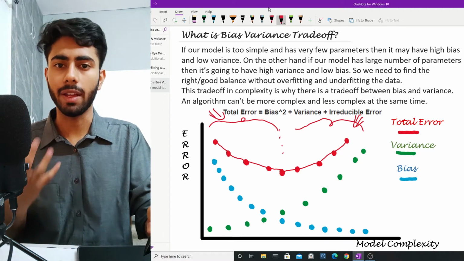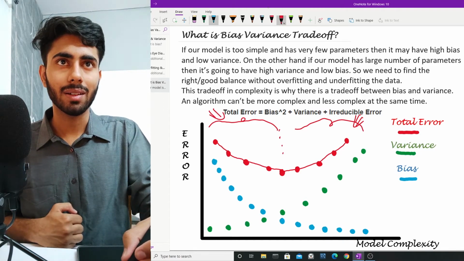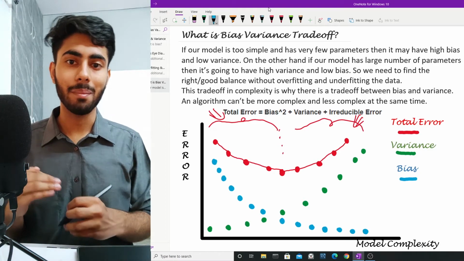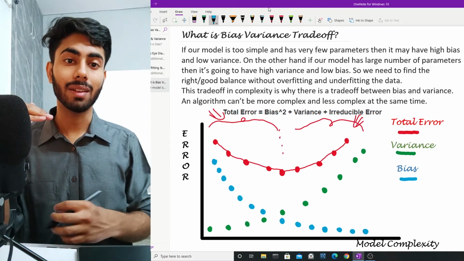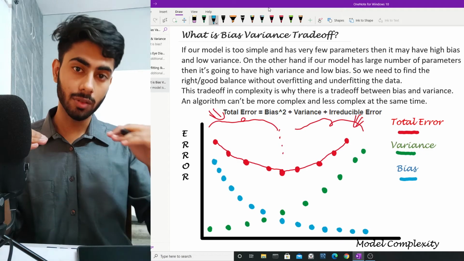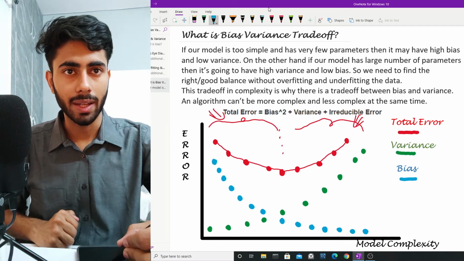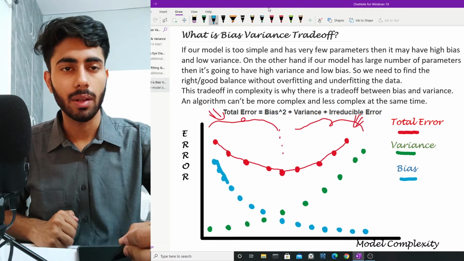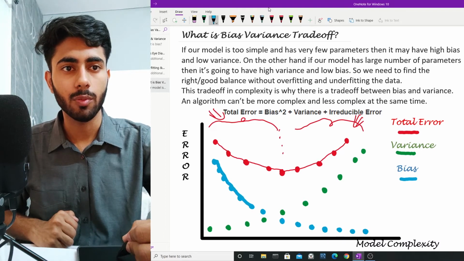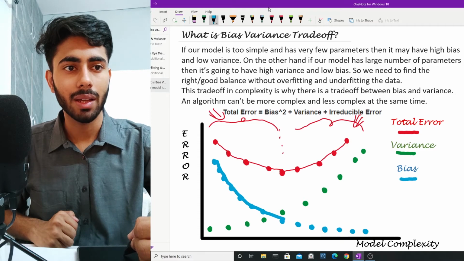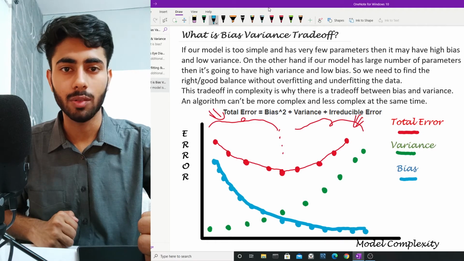Now let's talk about bias. We know that in case of underfitting, my bias is high, and in case of overfitting, my bias is low. So my graph of bias will look like this. Since it is initially in the underfitting condition, my bias is high, but as I increase the model complexity, my variance increases and my model reaches the overfitting condition, therefore my bias decreases.